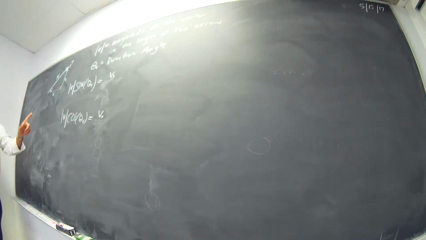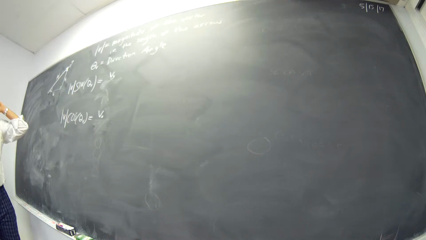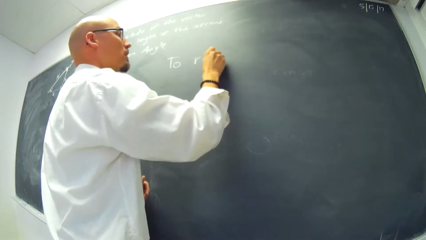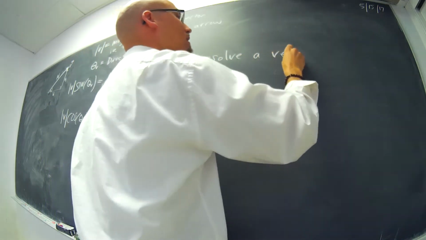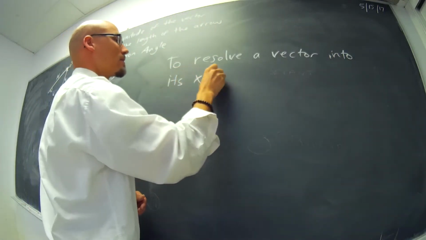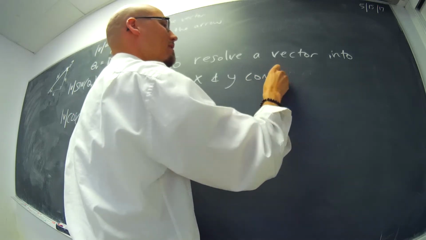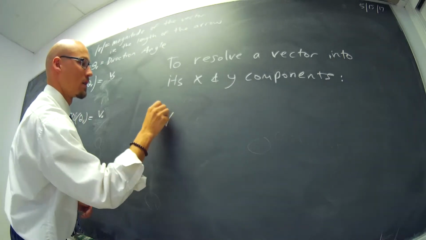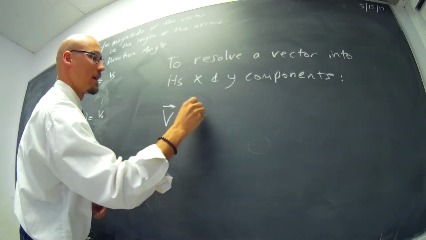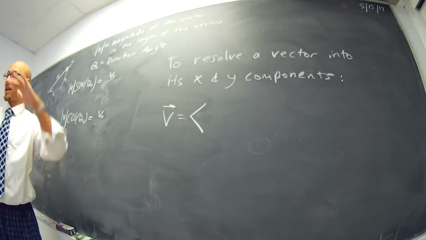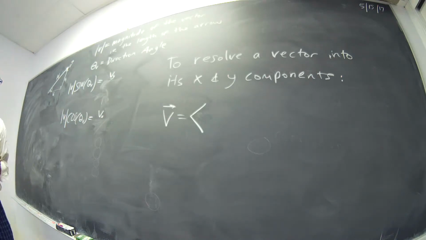And so now, if they use this word resolving a vector into its components, so to resolve a vector into its x and y components, you're going to do this. The vector is in angle brackets, that is how we represent vectors, not regular parentheses.